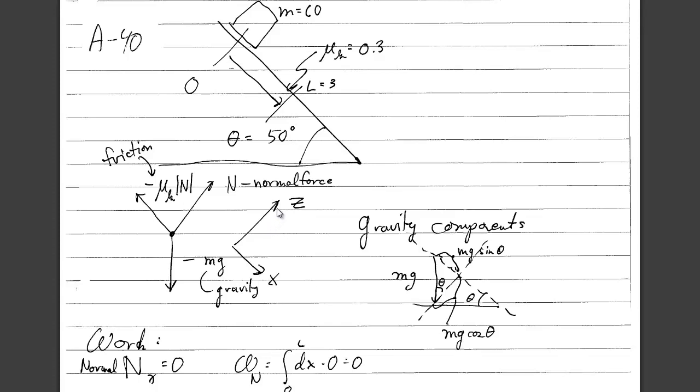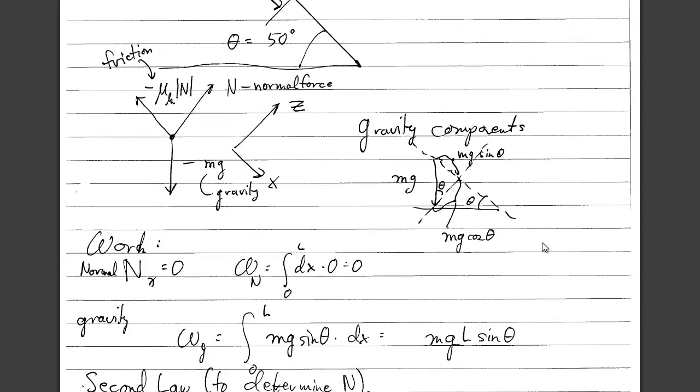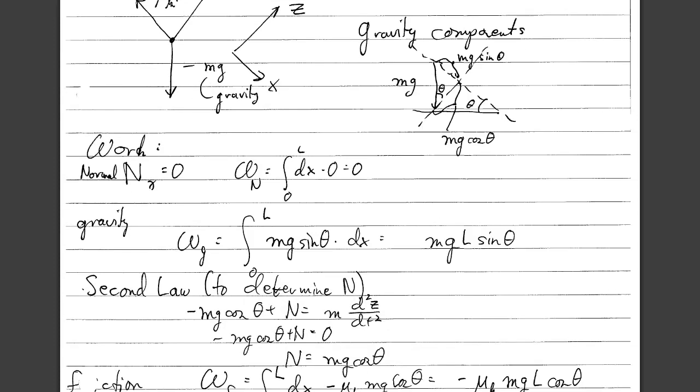You see the direction I chose, and therefore this component of gravity is minus mg cosine theta. That minus is determined by this direction and has nothing to do with this minus sign.